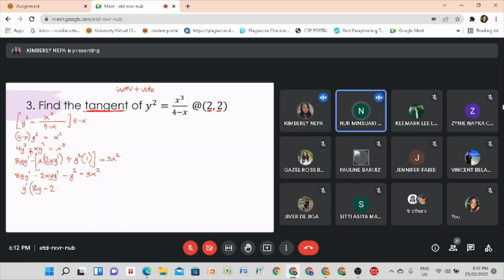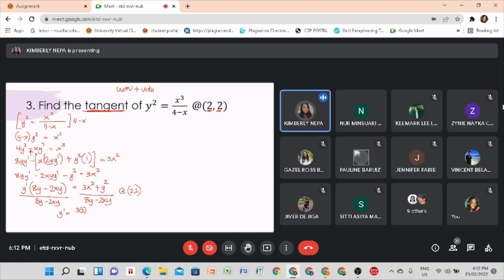Yes po. Minus 2xy is equivalent to 3x squared plus y squared. So divide both sides by 8y minus 2xy. Y prime now at 2, 2 is 3 times 2 squared plus 2 squared over 8 times 2 minus 2 times 2 times 2. What is that?